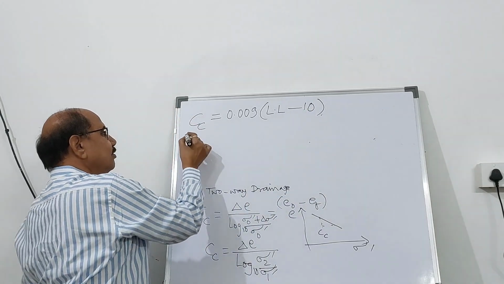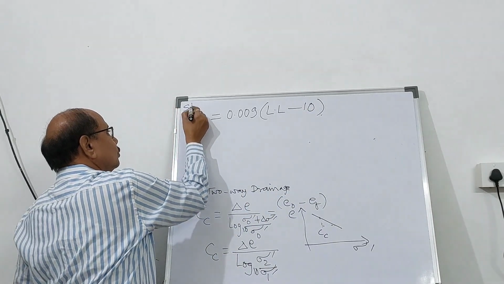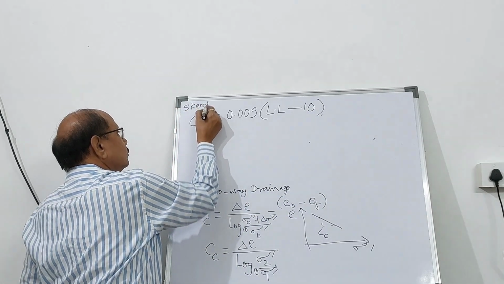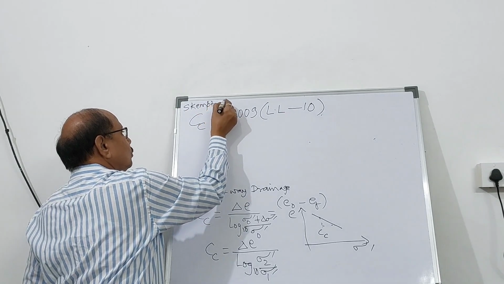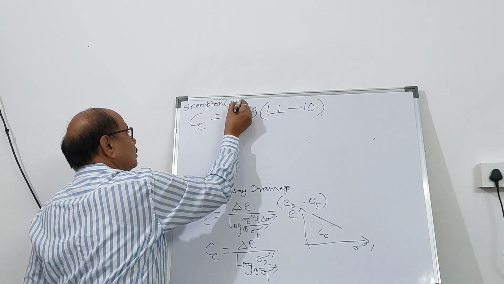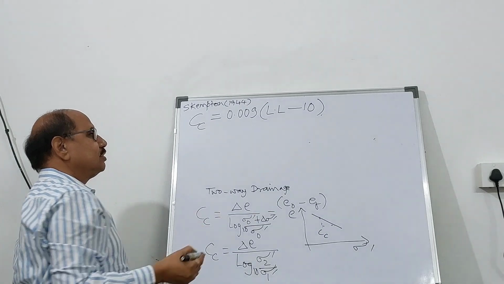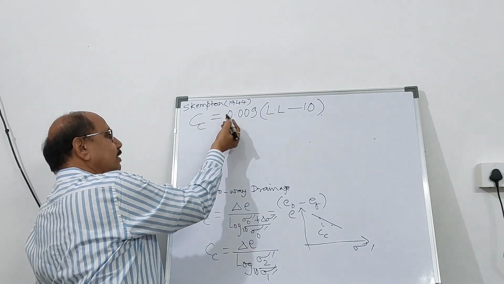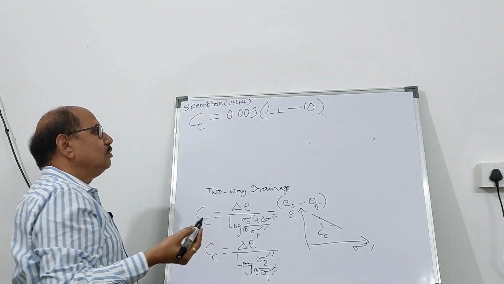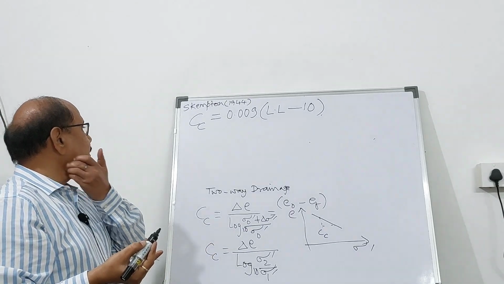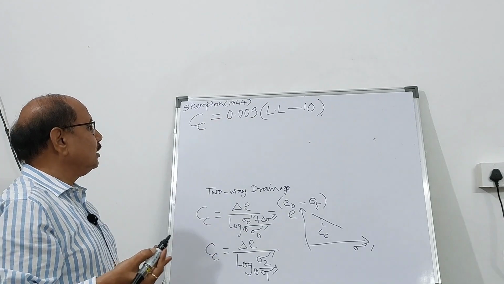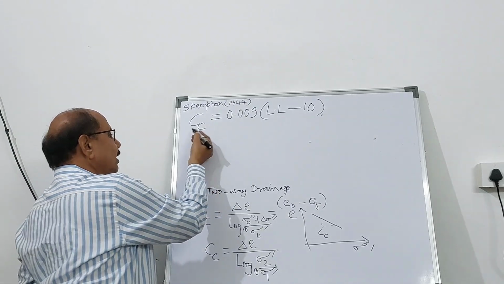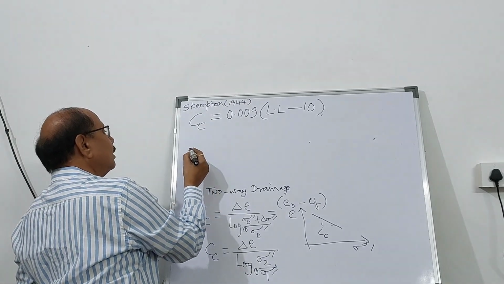So that was given by Skempton, way back in 1944. So you can collect the undisturbed sample from the ground, find out the liquid limit and find out the value of Cc.